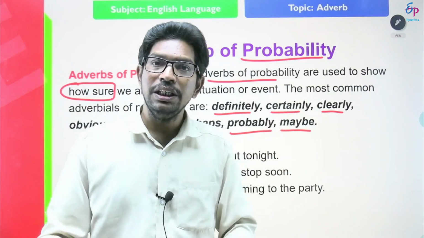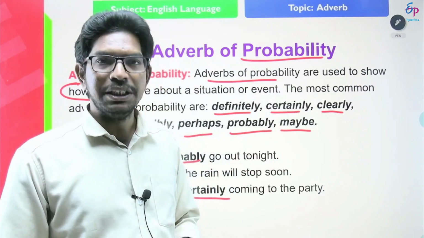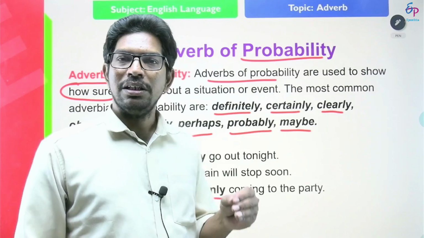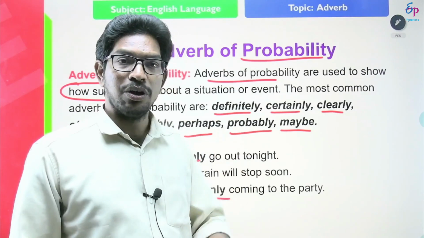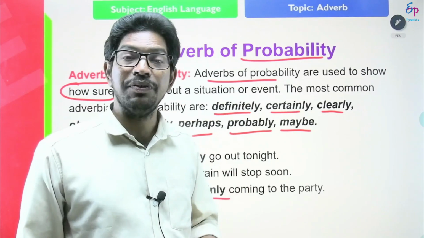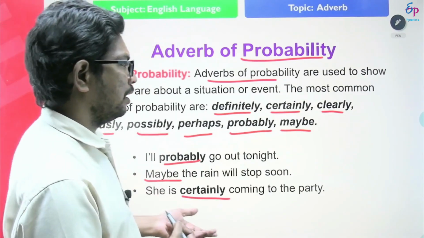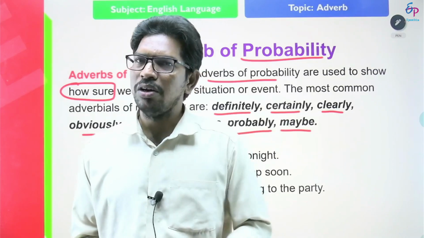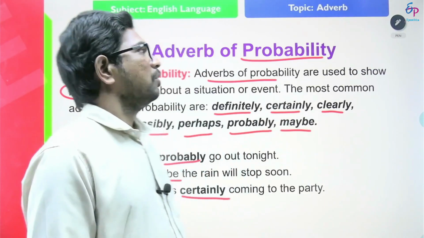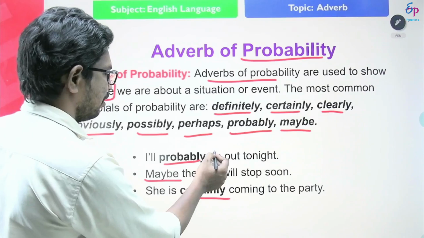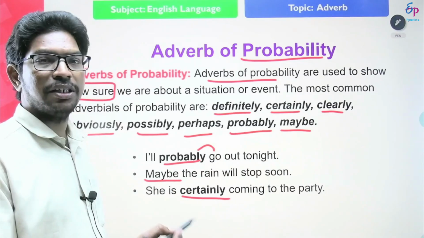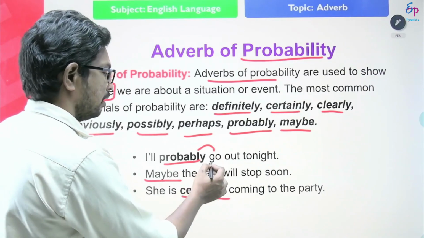She is certainly coming to the party means you are sure about the action that she will definitely come. So certainly, probably, maybe, definitely, clearly, perhaps, these are all adverbs of probability. They are always placed before the main verb, sometimes at the beginning or at the end of the sentence.